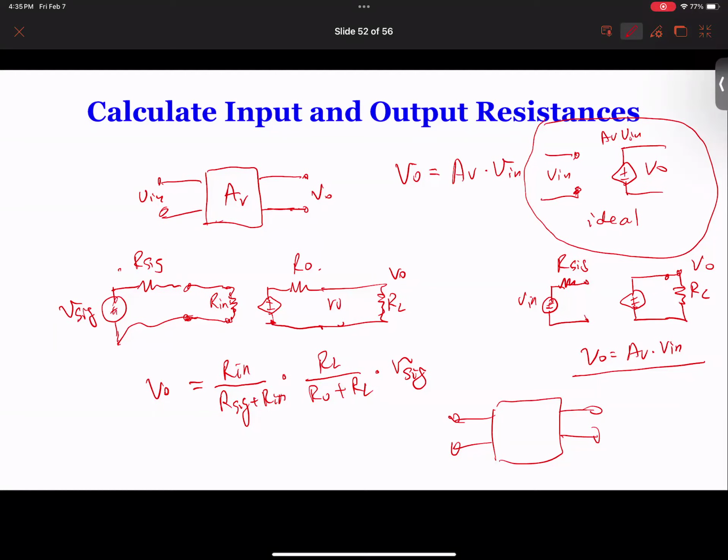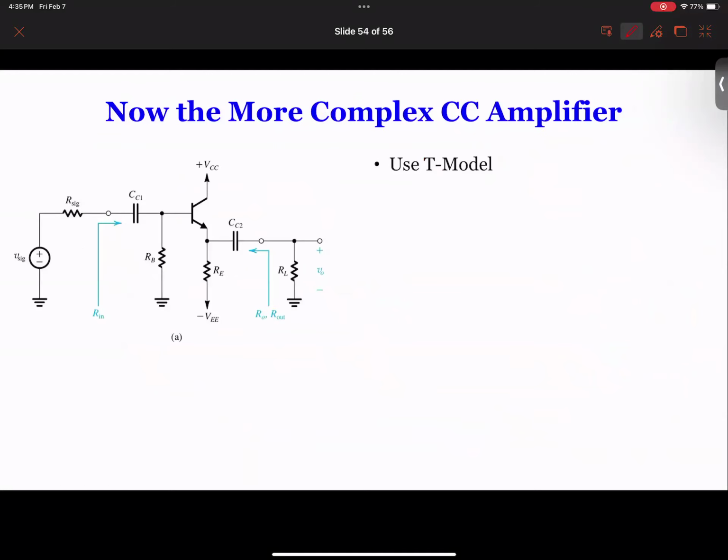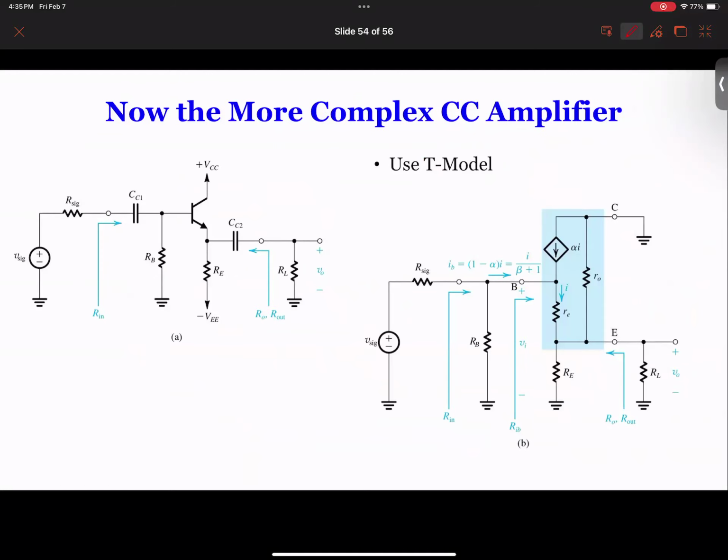If it's a regular circuit, it's very easy to do, but for the amplifier, the problem is that there's a control source. So we cannot simply do parallel and series connections. We have to do some derivations to make sure the current source is considered in your circuit. So therefore, let's go back to this equivalent circuit over here.